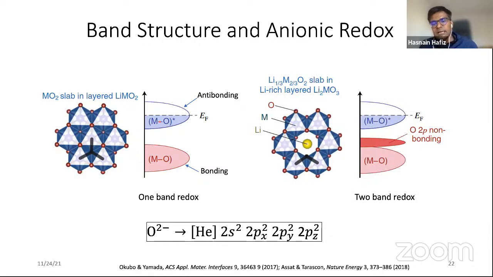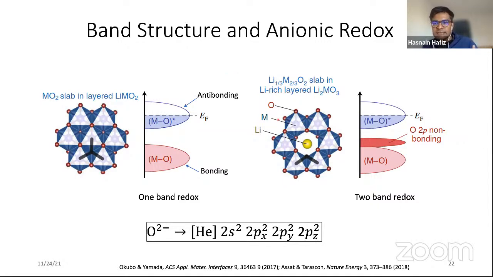On the other hand, lithium-rich compound contains an extra lithium within the metal layers. Therefore, the oxygen 2p orbital that points toward a lithium atom is weakly bonded because of its small overlap with the lithium 2s orbital.